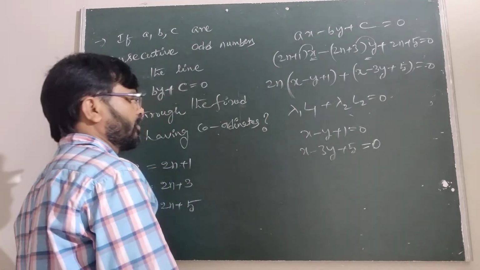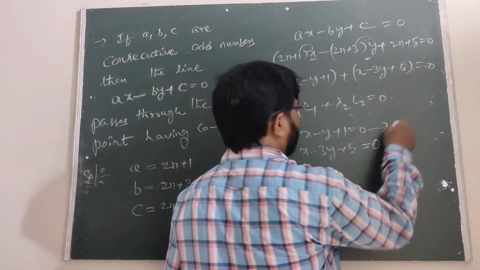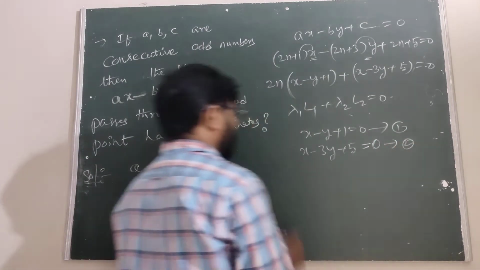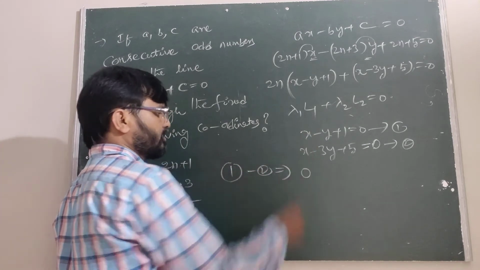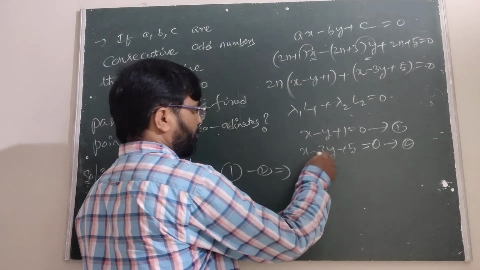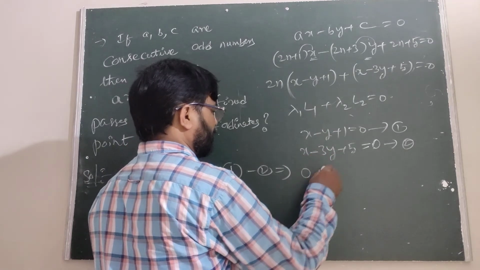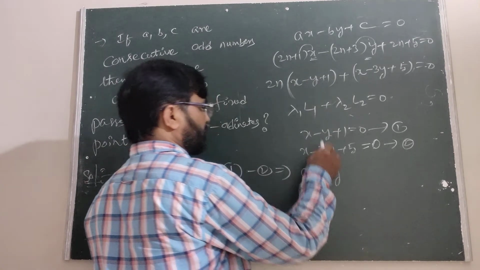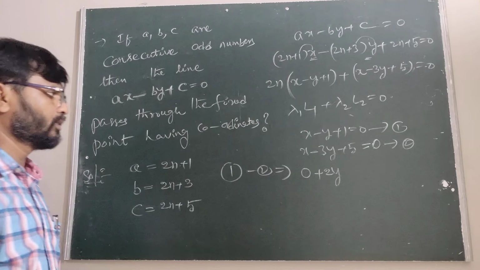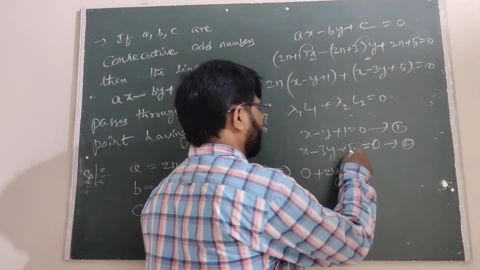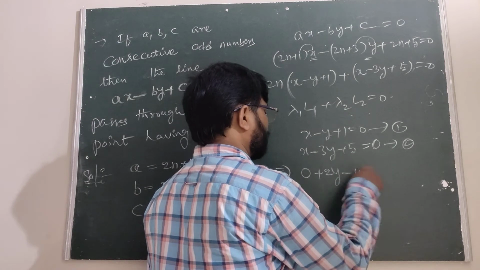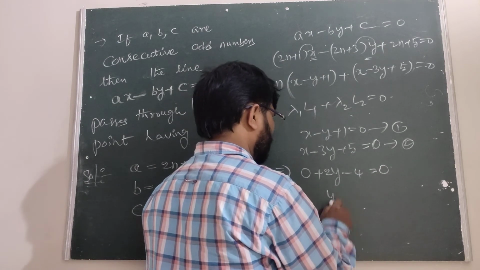Now we take these 1 and 2. 1 minus 2, that implies x minus x is 0. Minus y minus of minus 3y, that is minus y plus 3y. Okay, 3y minus y is 2y. Now this is 1 minus 5, that is minus 4. So y equals 2.